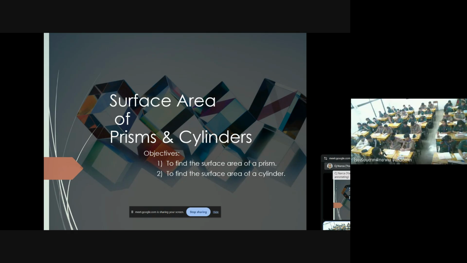Okay, so while you are copying that, let us recall first the difference between 2D and 3D objects. So 2D, what is that? Two dimension, right?